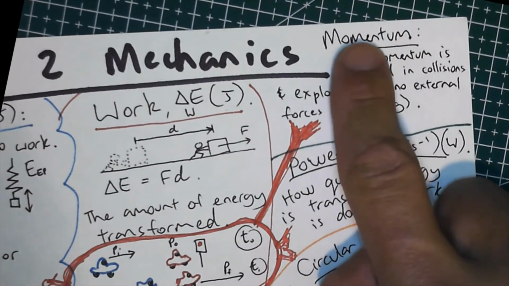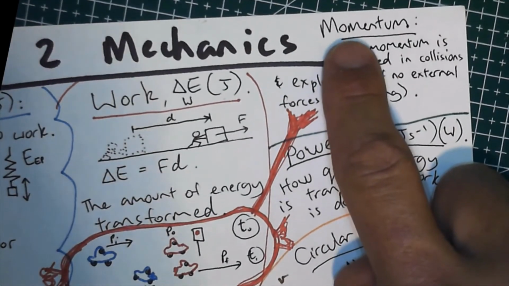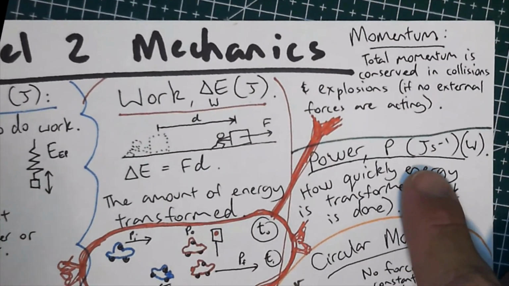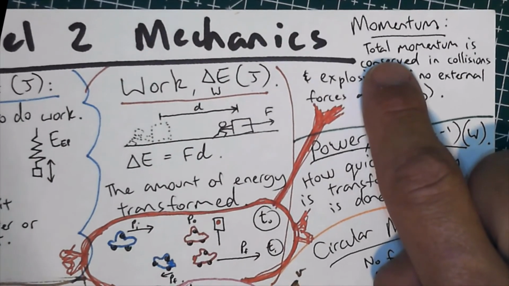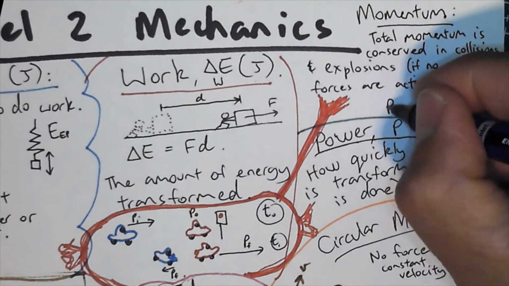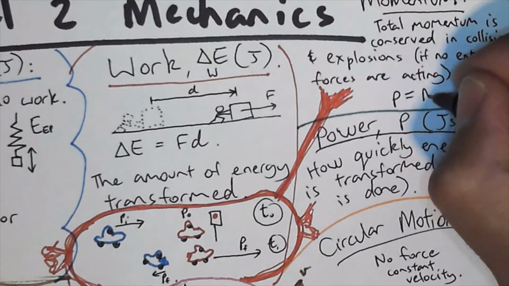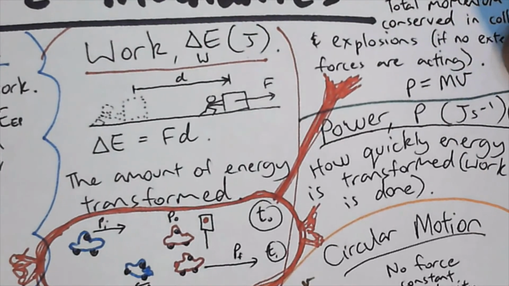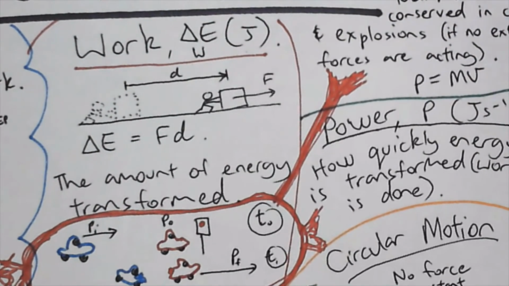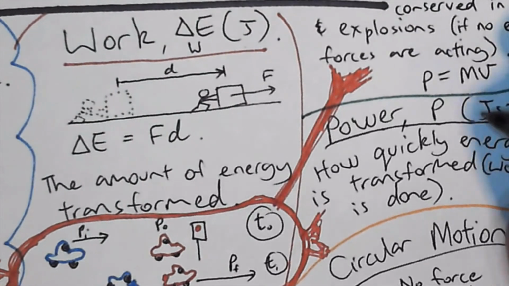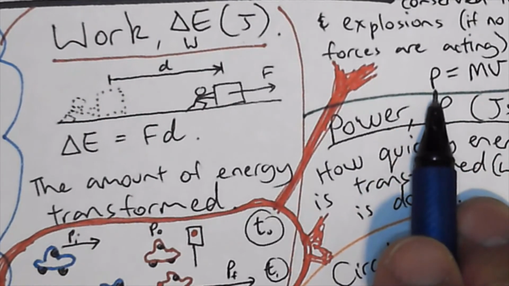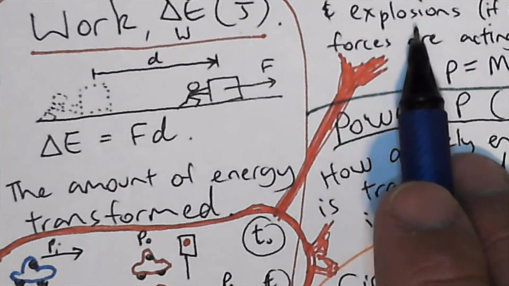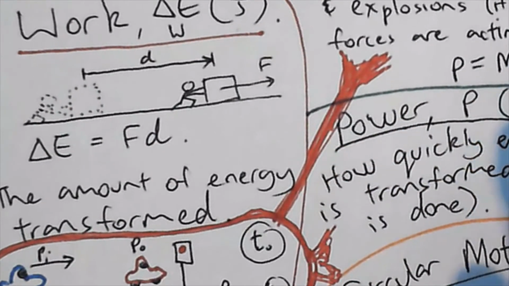So the last concept to cover is momentum. Momentum is like the amount of movement, or amount of motion an object has. Now, momentum has the symbol P, is equal to mass times velocity, which means it has the units kg meters per second. So the total momentum is conserved in collisions and explosions if there's no external forces acting.